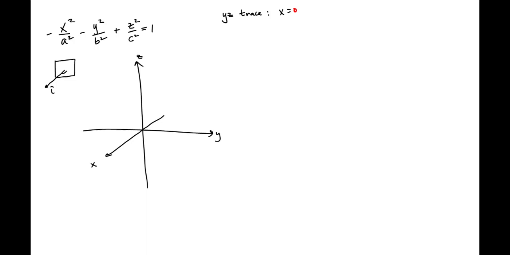Therefore, let's put x equals 0 into our quadratic equation. When we do that, we end up with the equation z squared over c squared minus y squared over b squared is equal to 1. Notice that this is a hyperbola in the YZ plane.